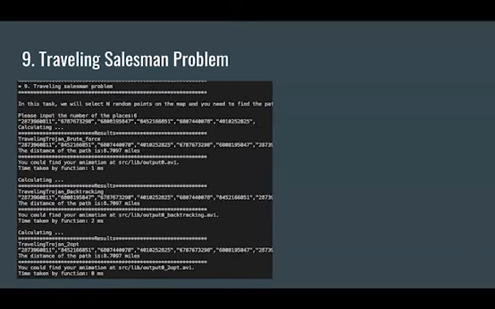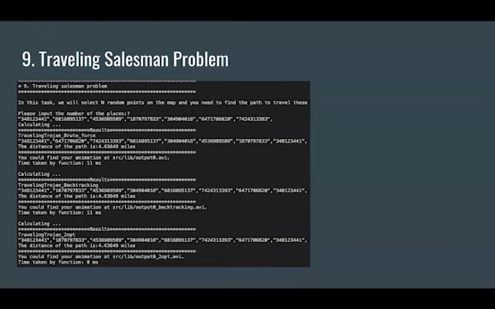And we increase the number of places to 6, and we see it takes a little bit longer than 5 places, but still quick enough. Then if we increase the number of places to 7, the problem can be solved a little bit slower than with 6 places.